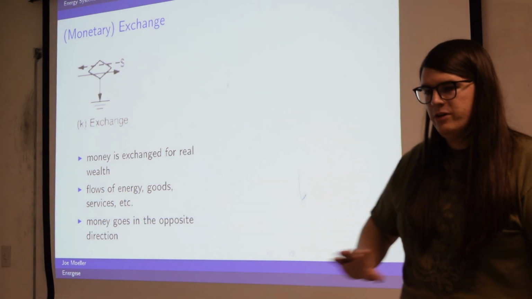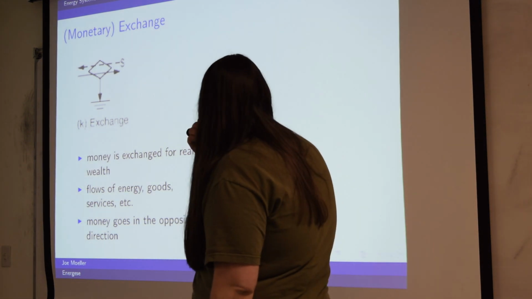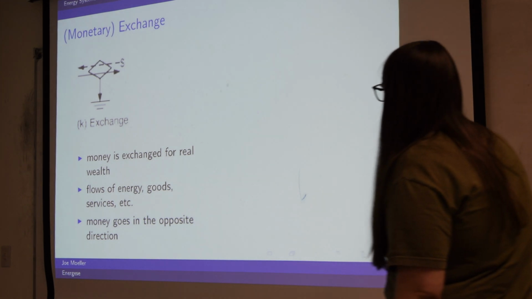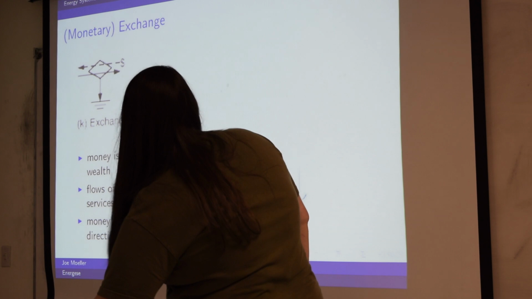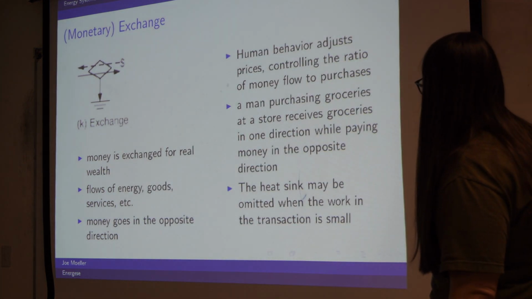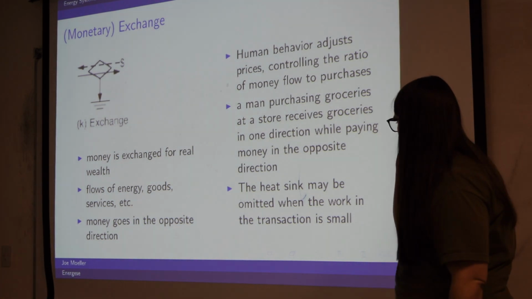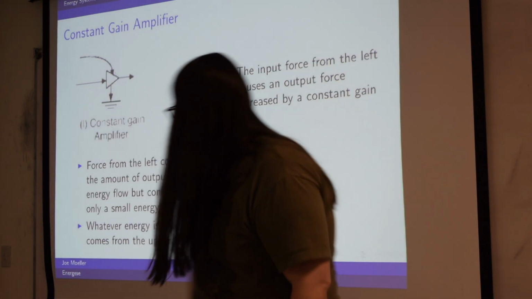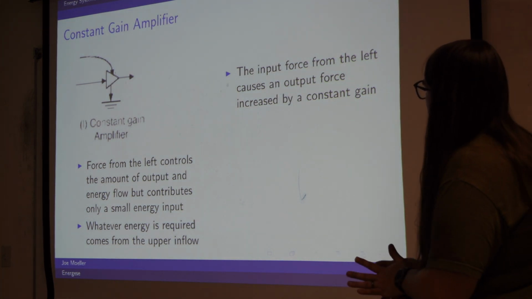So if that's the process you're trying to represent, you could leave off the heat or put a 0%. So money is exchanged for real wealth, the flow of energy, goods, and services. Money goes in the opposite direction of the real wealth. So here's the part where it says heat sink may be omitted if that transaction has a small amount of heat. So, constant gain amplifier.